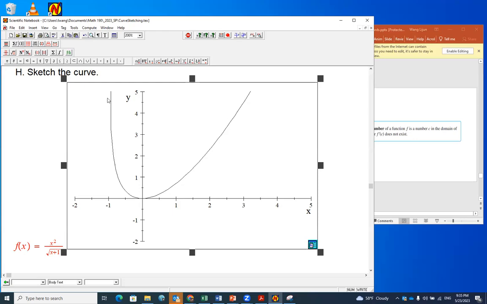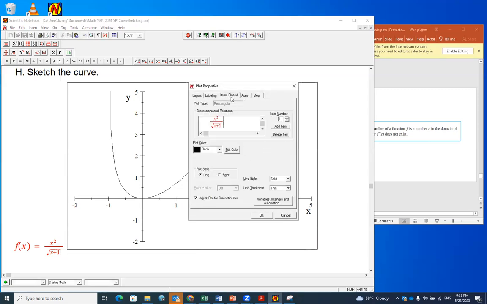You can see the picture doesn't cross -1. So if I draw a vertical line, which is the vertical asymptote, it is not going to touch the curve.